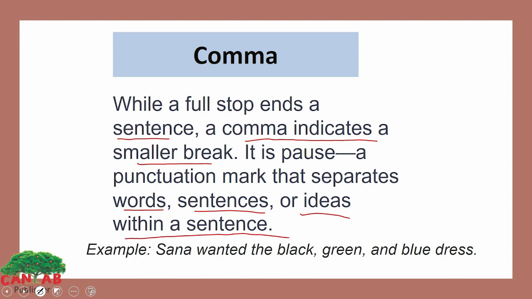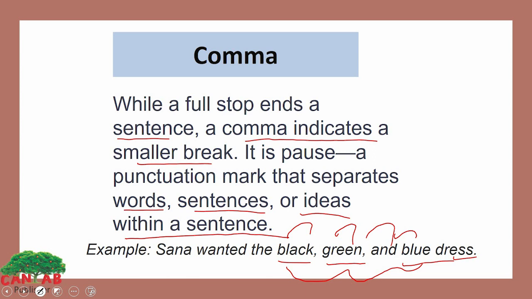Like, Sana wanted the black, green, and blue dress. Here we have 3 colors. So we have to take a pause in a sentence to separate the words and ideas within it. We have 3 categories of colors, so we divided them by adding commas here.